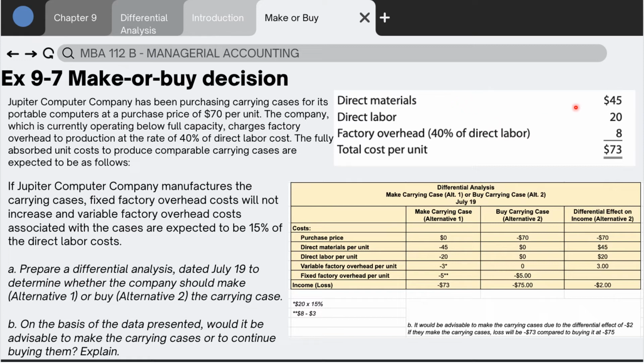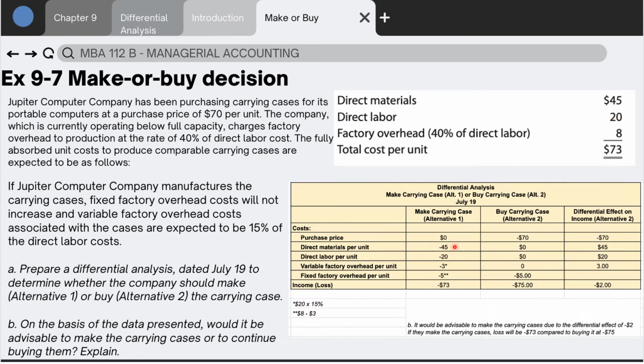For the direct materials, they have $45, direct labor at $20, and factory overhead at $8, as per 40% of direct labor. So here is the differential analysis for alternative 1, make the carrying case, and alternative 2, buy the carrying case. For making the carrying case, we will consider the following variables given in the problem.